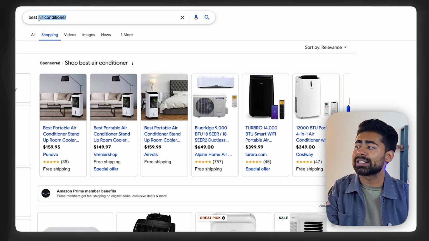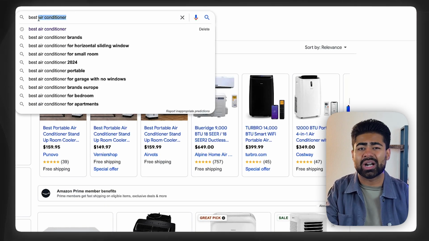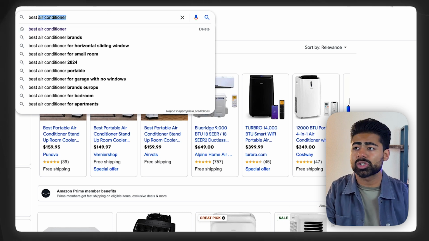So for example, the best approach for search themes is to be as closely relevant as possible to what you are trying to sell. So for example, if you're trying to sell portable air conditioners, don't make it so that it's very, very narrow, such as portable air conditioner within the search theme.